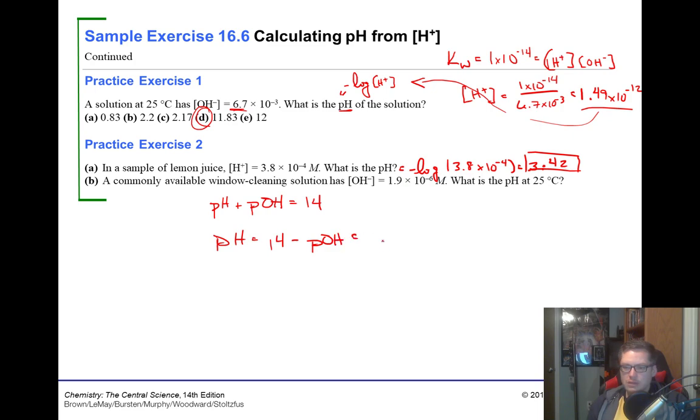And so that's 14 minus the negative log of the concentration of hydroxide, which is 1.9 times 10 to the minus 6th. So just 14 minus the negative log of 1.9 e to the minus 6th.